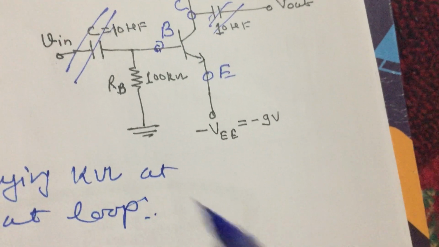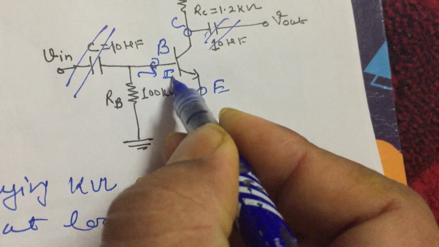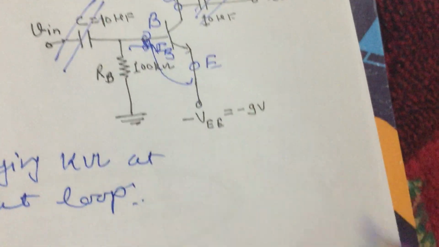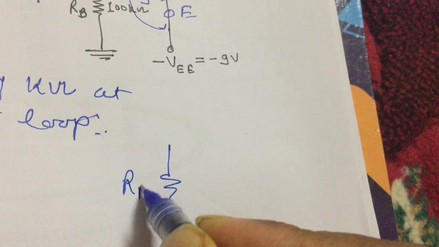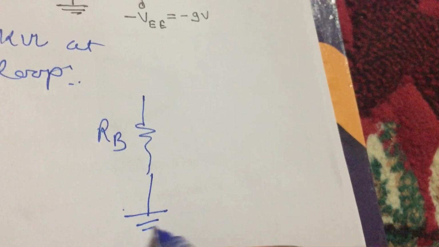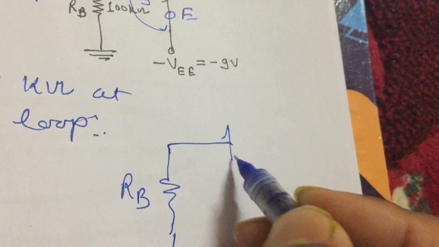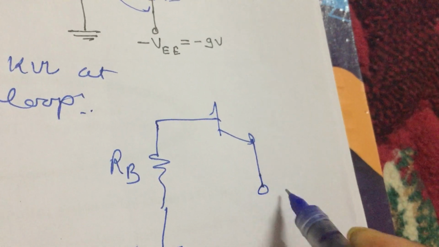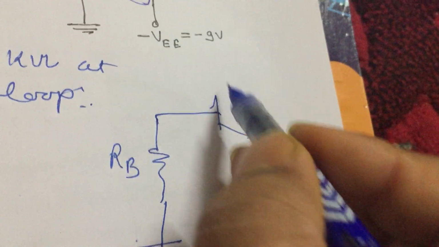Now this current here is IB, and here is RB, ground, and here is minus VEE. So this is the input loop.